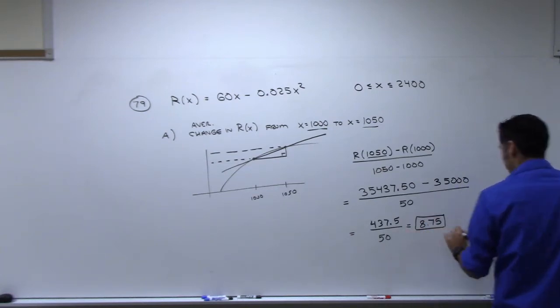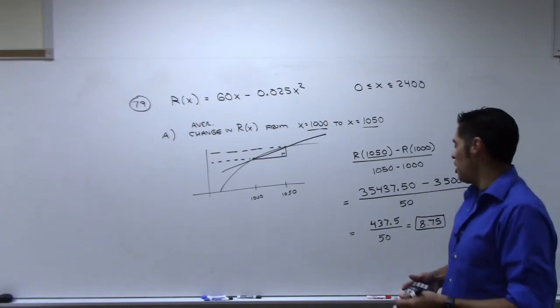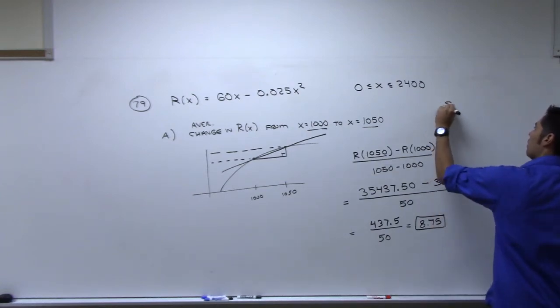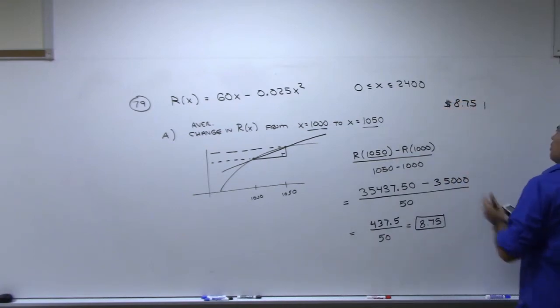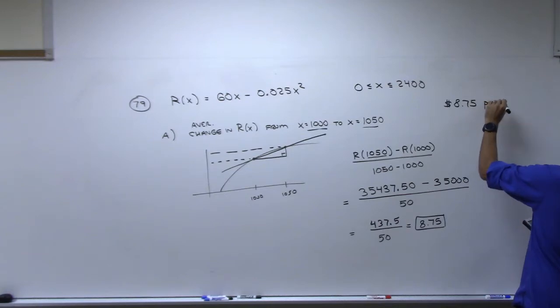So what does this mean? Our revenue is changing by $8.75 per car seat.